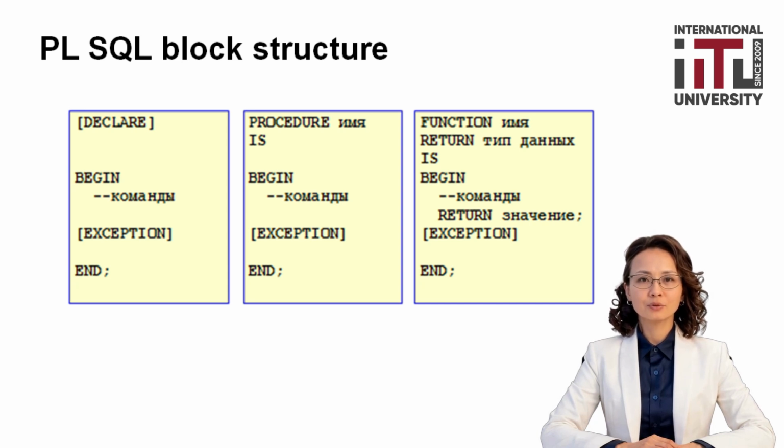This is where the program performs actions like calculations, queries, or procedure calls. Third is the exception section, also optional, which handles runtime errors. Using exception handlers, we can respond to specific errors or catch all unexpected issues. This block structure makes PL/SQL programs modular, readable, and robust, helping prevent errors and ensuring smooth execution.